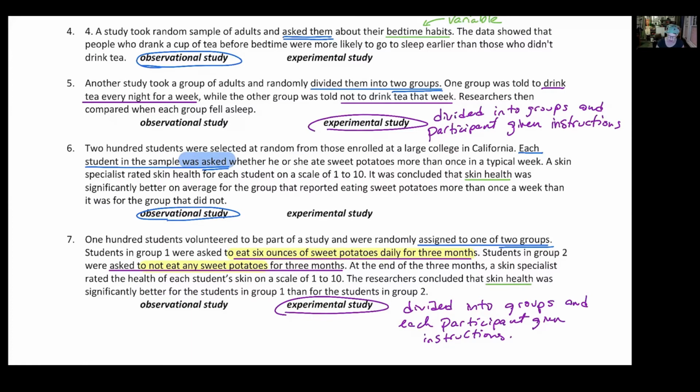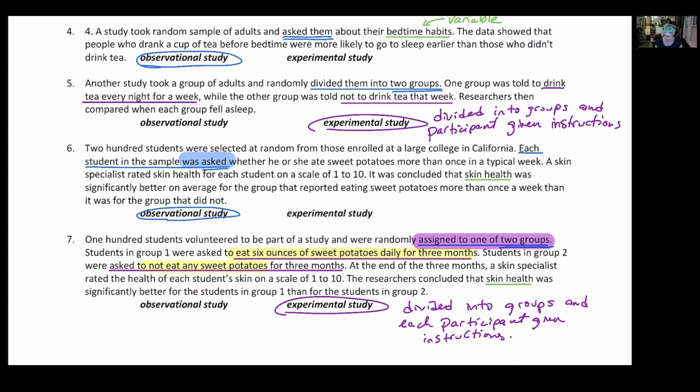Whereas in number 7, they were assigned to one of 2 groups. And one group was asked to do one thing, eat 6 ounces of sweet potatoes, and group 2 was asked to not eat sweet potatoes. And that's how you know it's an experiment, looking for those key words, okay?